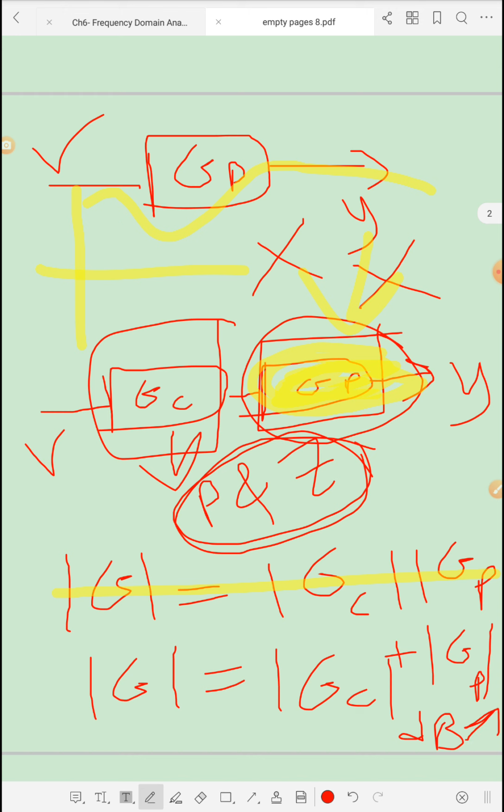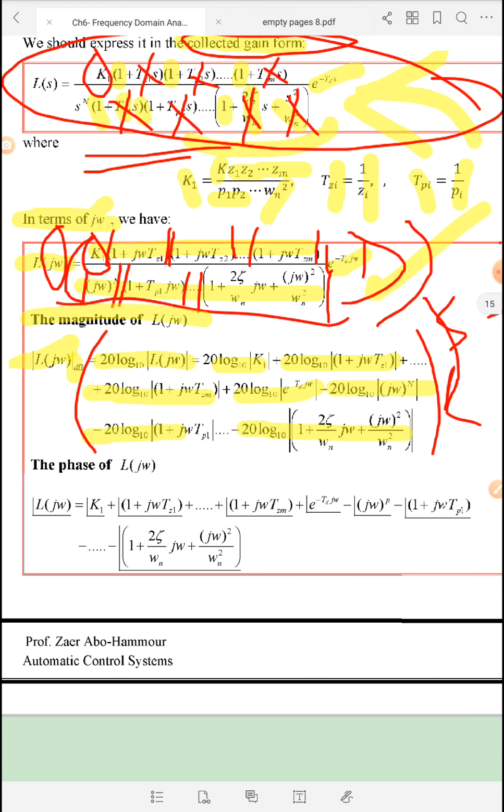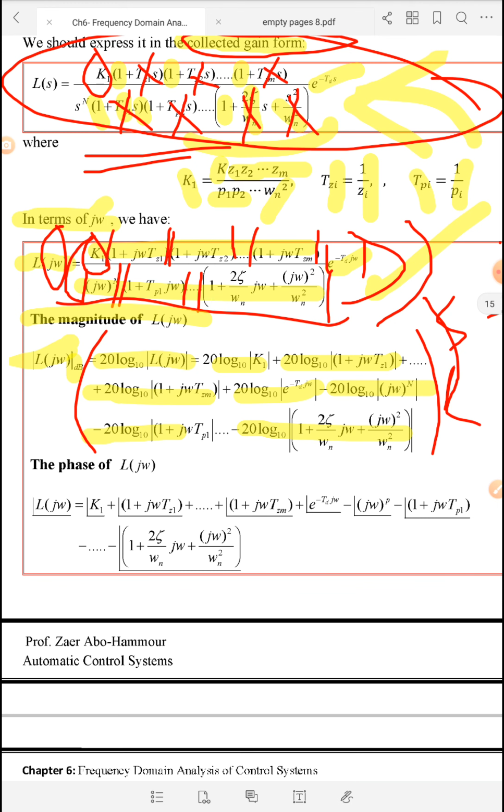So if we have this graph, then we can add the contribution of the controller graph to this graph and we can utilize the information that we have. And this is why we did not use the multiplication scale in the normal magnitude, and we convert this from the multiplicative form to the additive form.